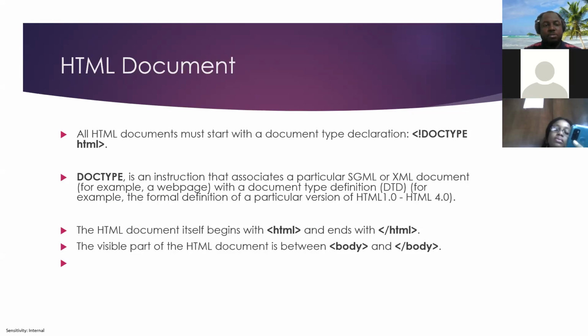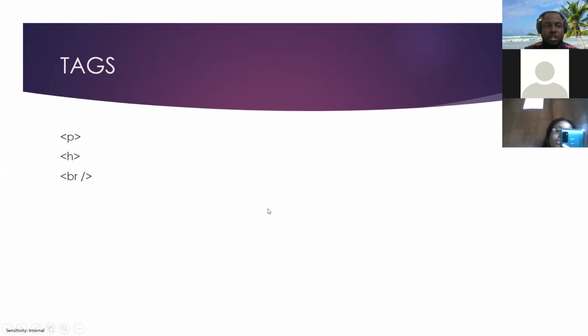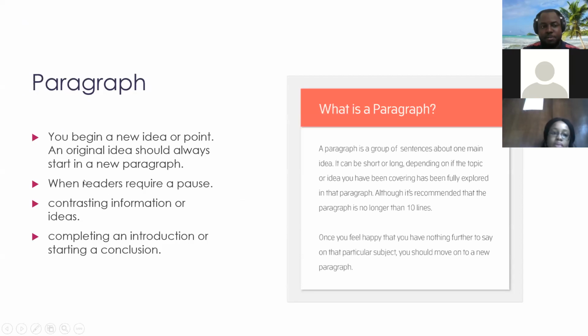We moved further to explain what all that means, and then we looked at tags, and we gave a rule that for every opening tag, there's a corresponding closing tag, which is very important. Then we gave some exceptions to tags that don't have a corresponding closing tag, but instead you use a slash to close them, just like the break line tag.